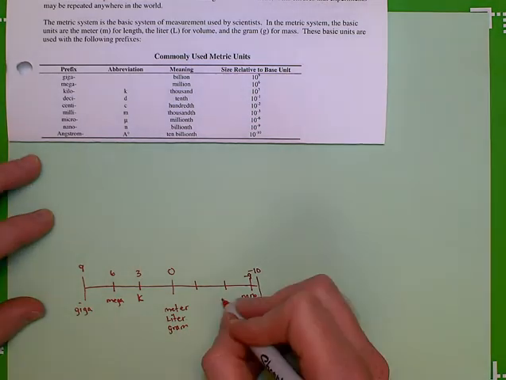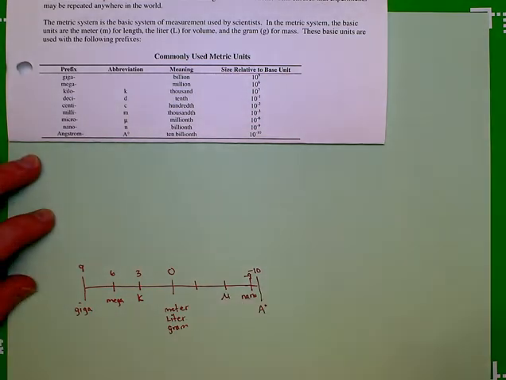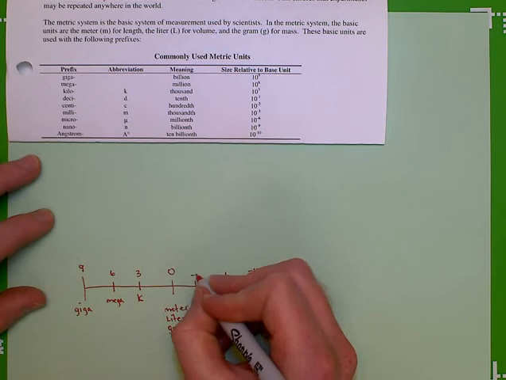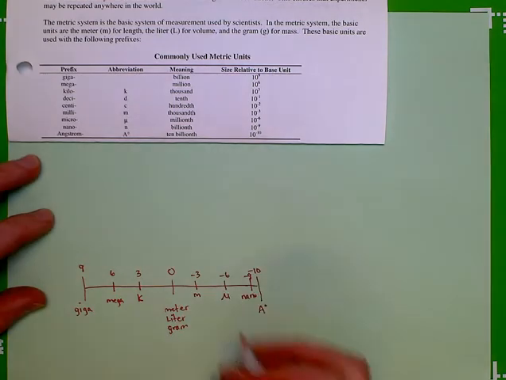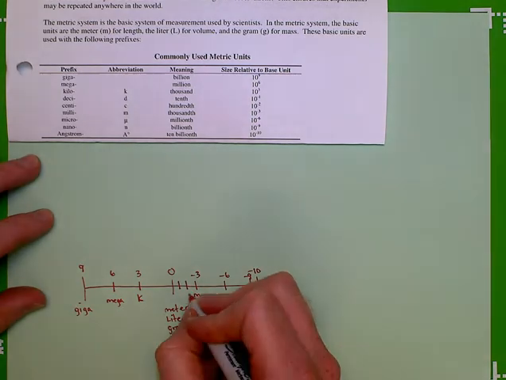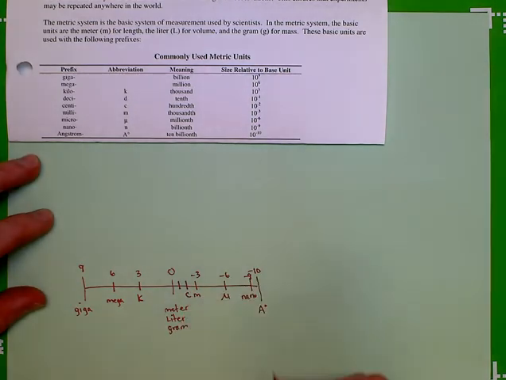Here's micro. Make sure you recognize that mu there is micro. That's minus 6. Here is milli. That's minus 3. We also have 2 more in there. We have centi, as in centimeter, which is minus 2.